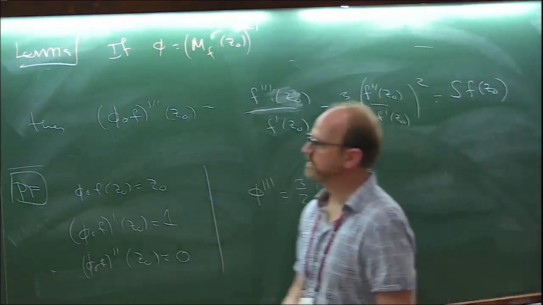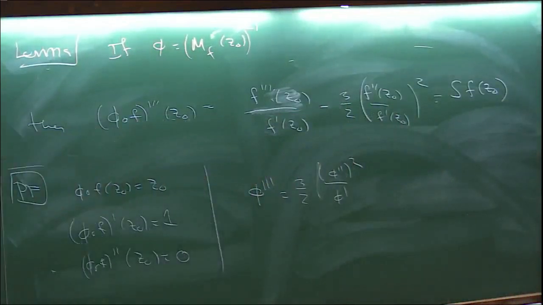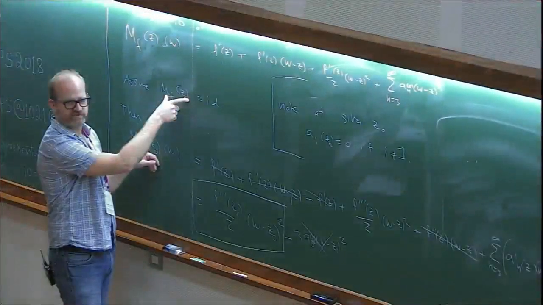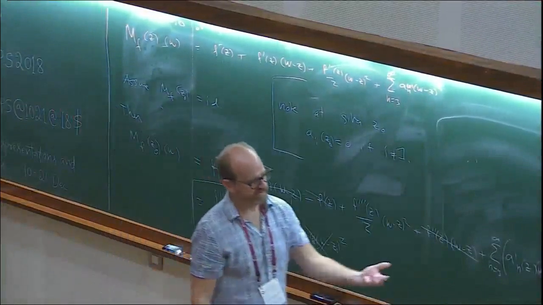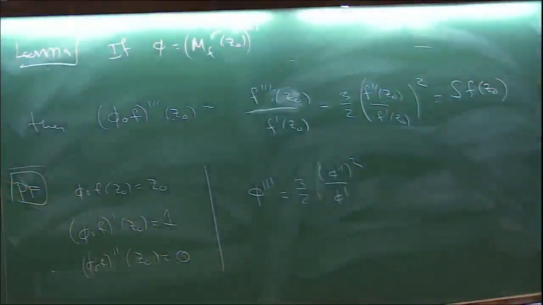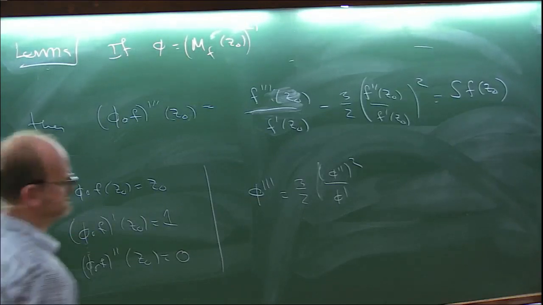And, by this equality here, we see that this calculation worked if this oscillating Mobius transformation was the identity. But we can always make that so by just post-composing with this element of PSL2C, this Mobius transformation. We get the same derivative, but now we can write down the formula here. So now instead of an f here, we have the third derivative of phi composed with f. And we've just seen what that is. That's the Schwarzian.